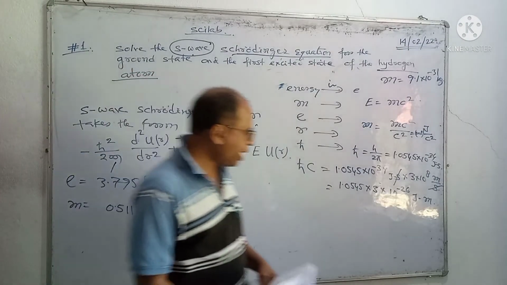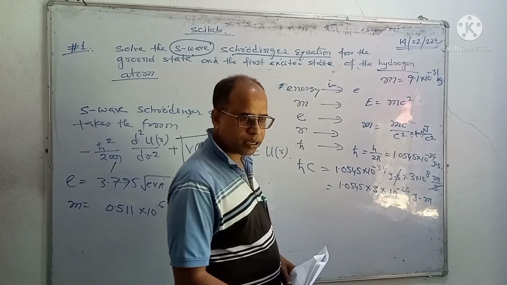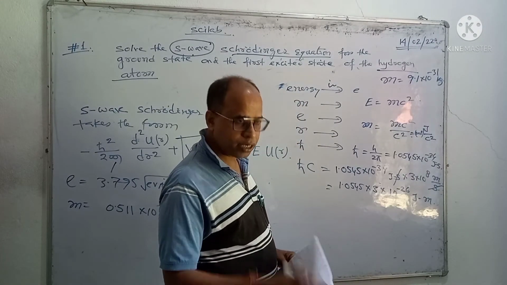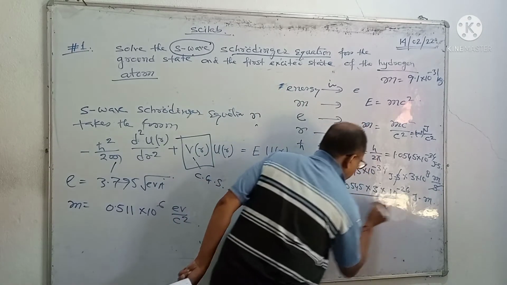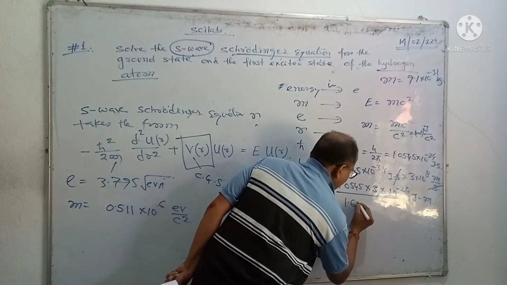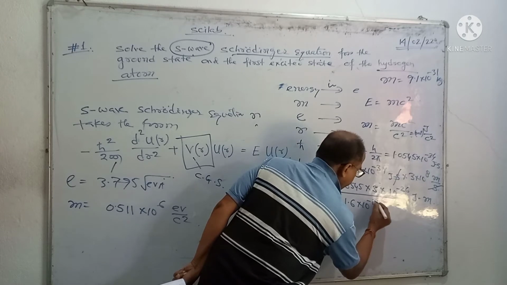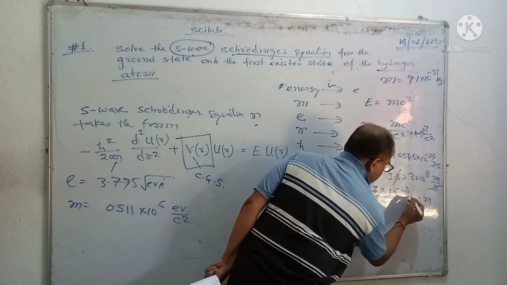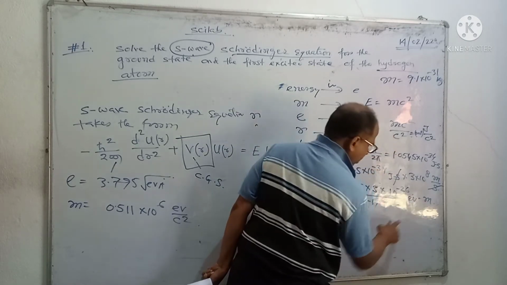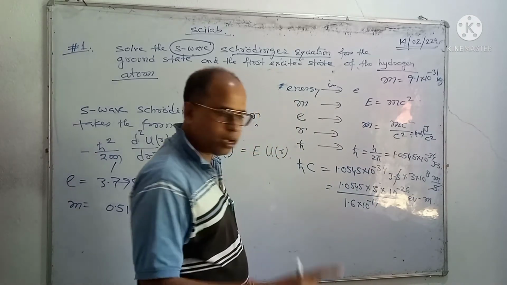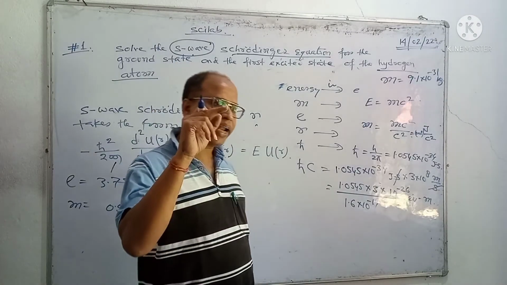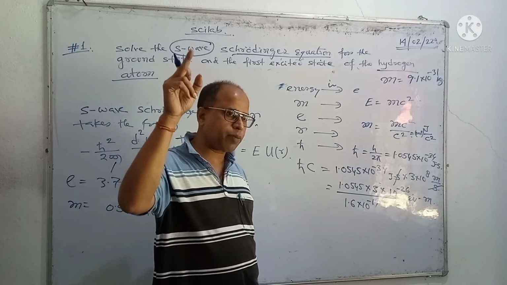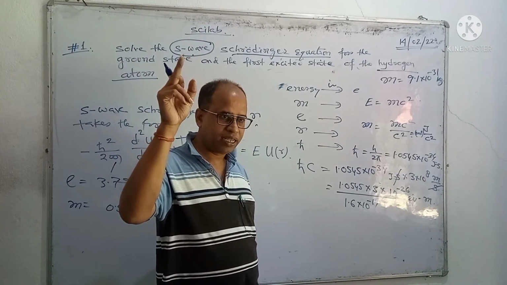Okay. Now convert joule into electron volt. What will you do? Divide by 1.6 into 10 to the power minus 19. Therefore, this becomes electron volt. Now, next, meter. Convert the meter into angstrom. We know 1 angstrom is equal to 10 to the power minus 10 meter.